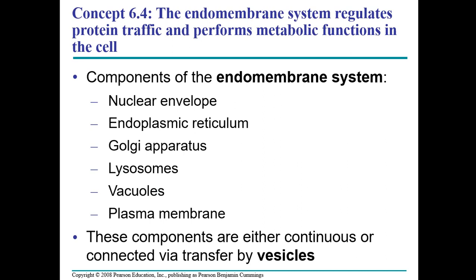Okay po, endomembrane system. Okay, so system of membrane-bound organelles inside the cells. So we have here nuclear envelope. Alam niyo naman yan, di ba? Endoplasmic reticulum, Golgi apparatus, lysosome, vacuoles, and plasma membrane.